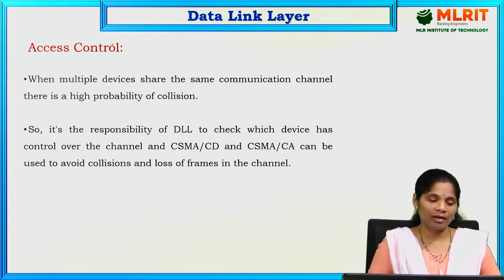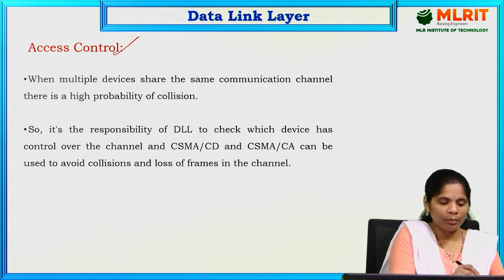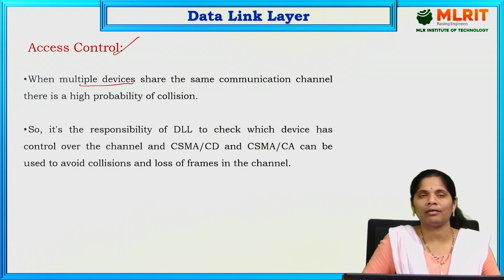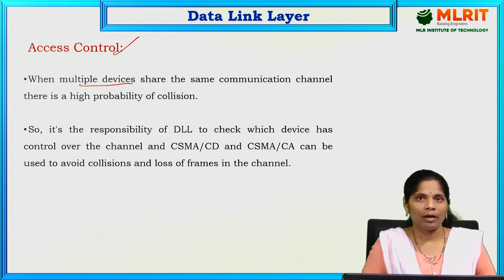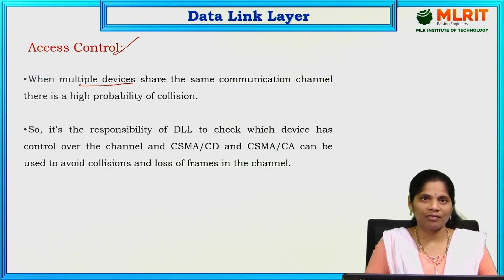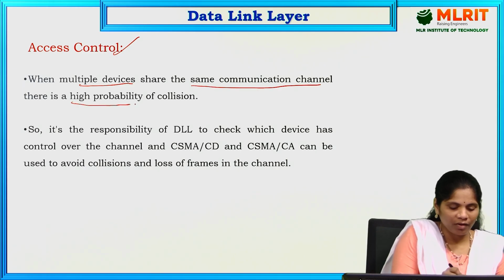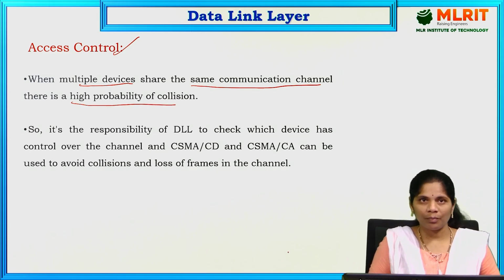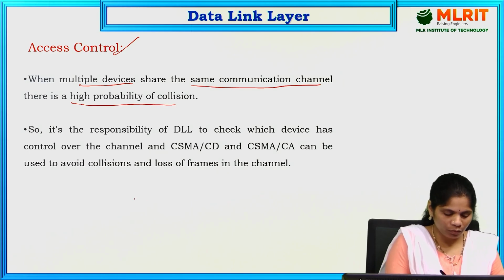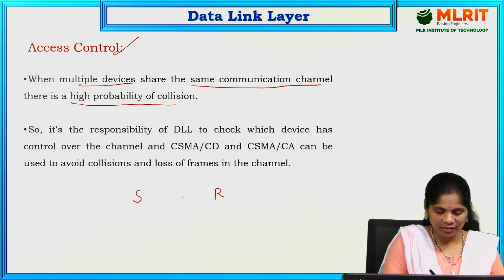And next, the design issue is access control. What is access control? When multiple different devices like laptop, desktop and mobile phone share the same communication channel, there is a high probability of collision. Suppose the sender is here, the receiver is here, and this is the channel for sending the data.